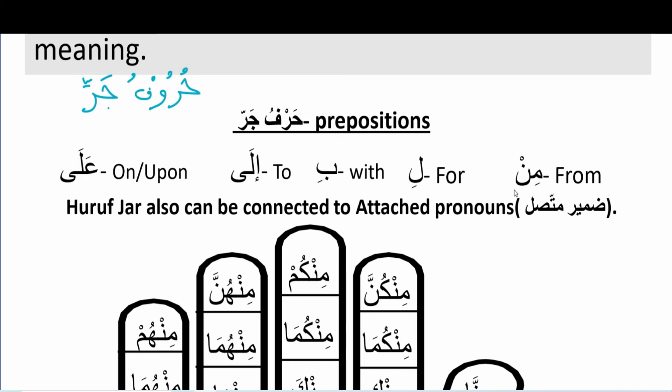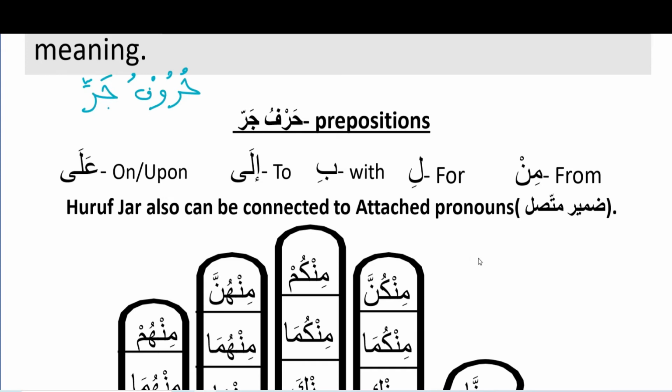Huruf jarrin means the huruf of prepositions. As per what we have covered, not to the detail, we went through the topic of prepositions, I think on page 2 or page 3. We can give a look there.